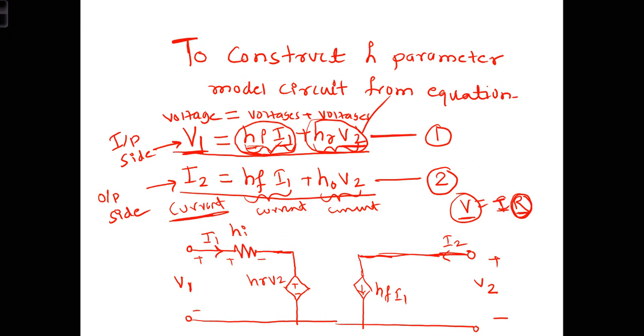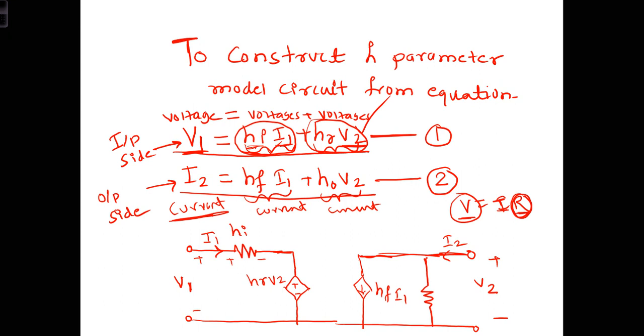So what should be H0? It should be a resistance, right? Because H0 is I2 by V2 when I1 is 0.